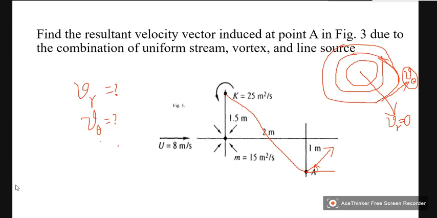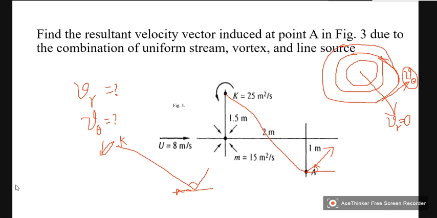This is your point K. And this is your point A. Your velocity will be 90 degrees to this.